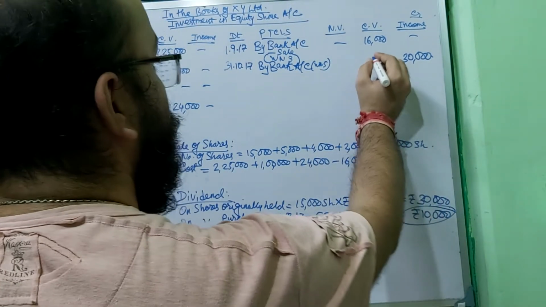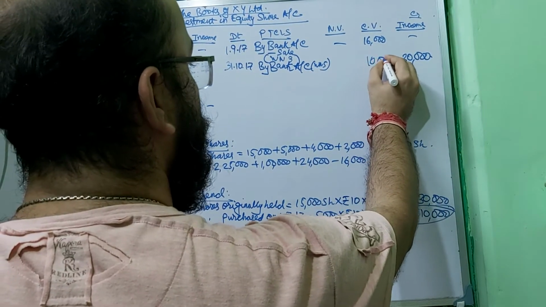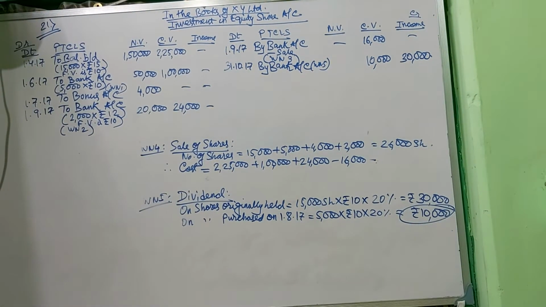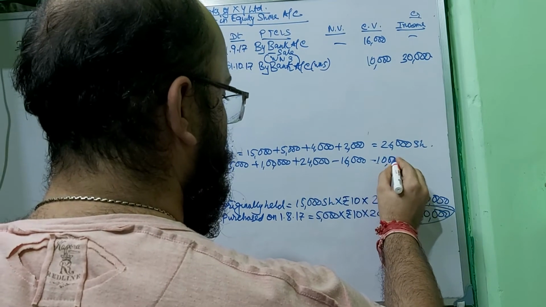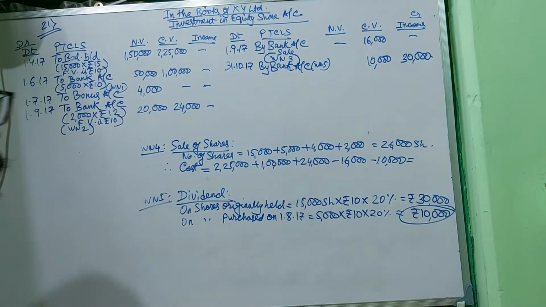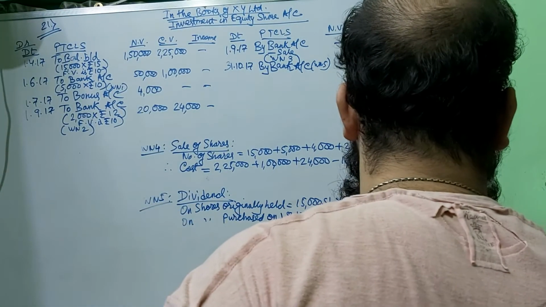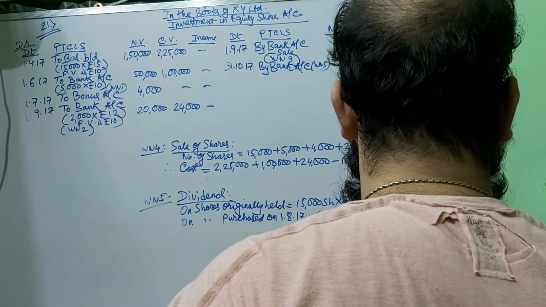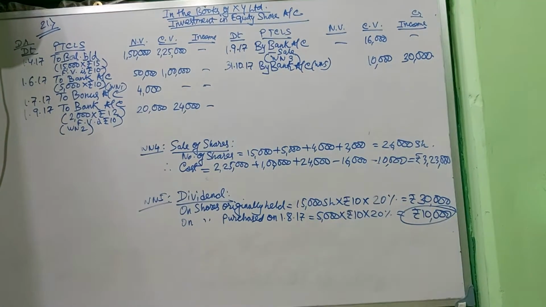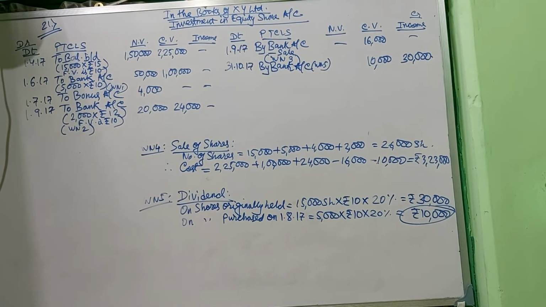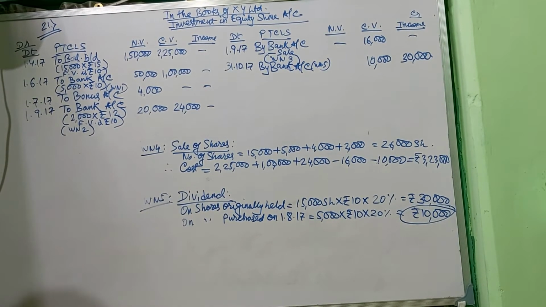It should be posted in the capital. Now 10,000 again should be deducted. You will get the cost as 3,23,000, right? If you are calculating the cost, it is 3,23,000.